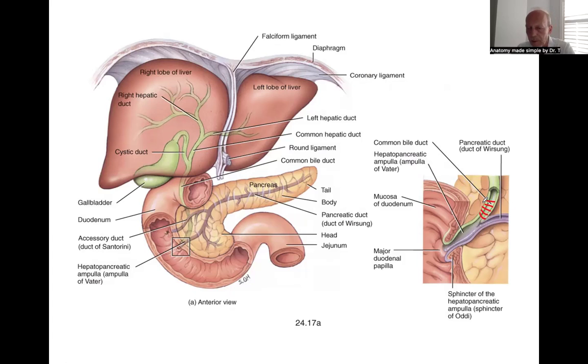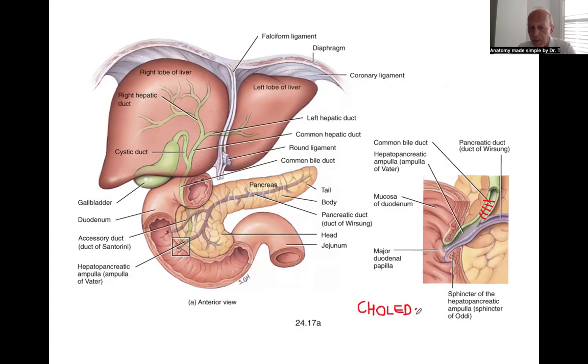So this sphincter, which is wrapped around the common bile duct, is called the choledochal sphincter. Cholē means bile, and dochus means duct. So the choledochal sphincter controls secretion and release of bile into the duodenum.